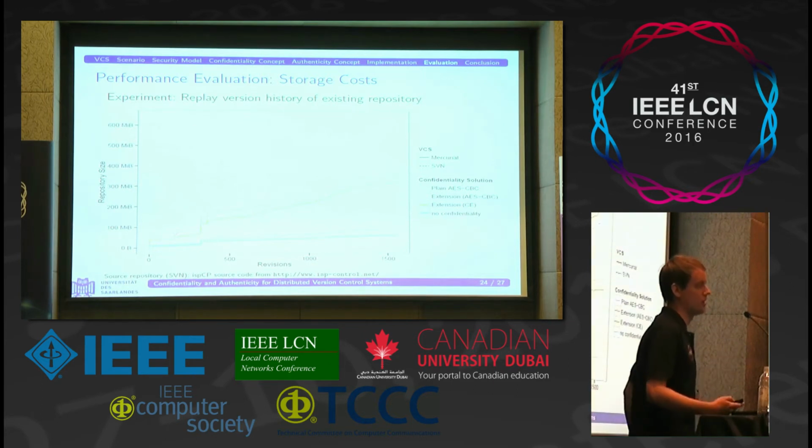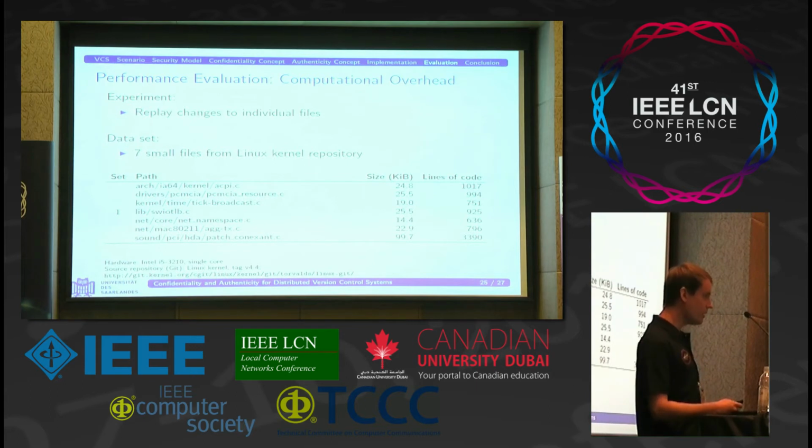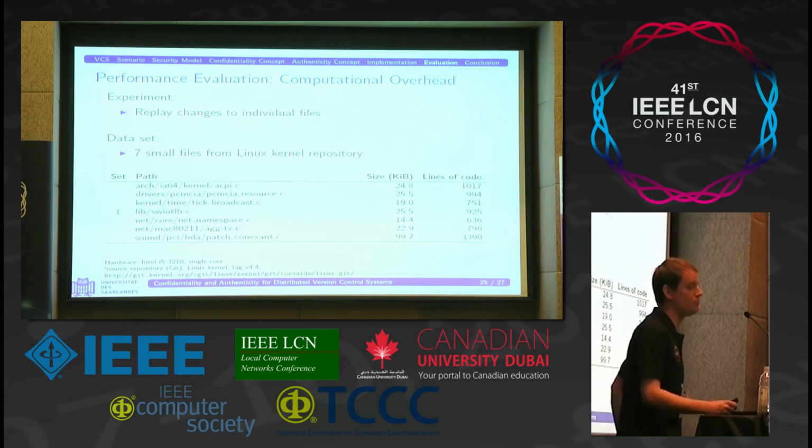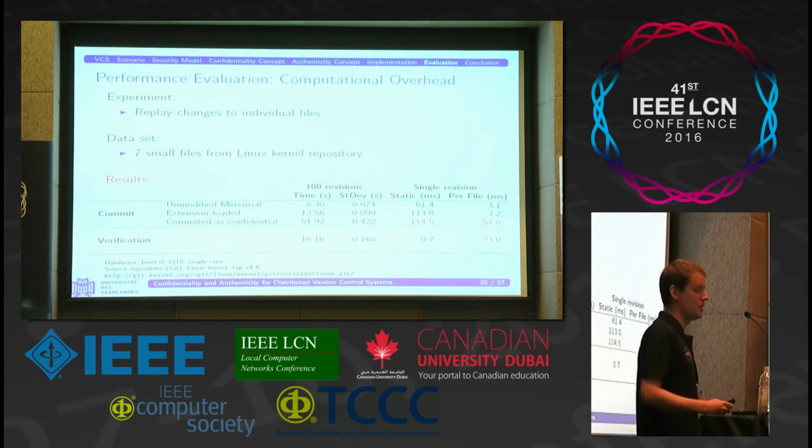We've also performed some micro benchmarks to see the computational overhead of the extension. For this, we have chosen a number of very small files from the Linux kernel repository and just committed the last 100 revisions of each of these files and measured the time.